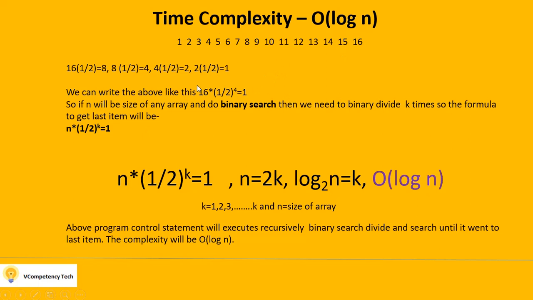So the formula will be n into 1 by 2 to the power k equal to 1. Okay. So that we can write log 2n equal to k. So O log n.